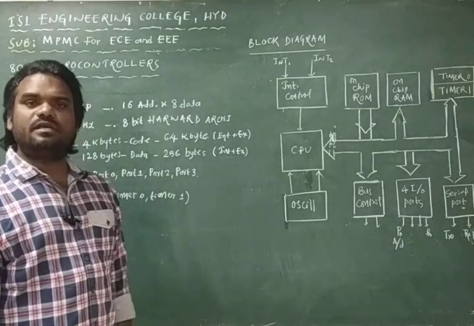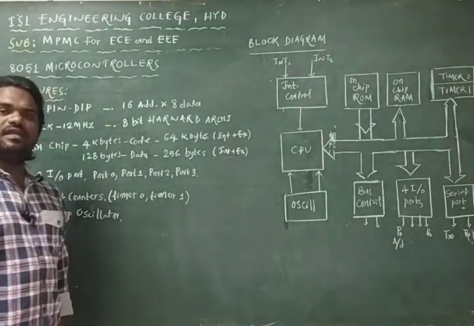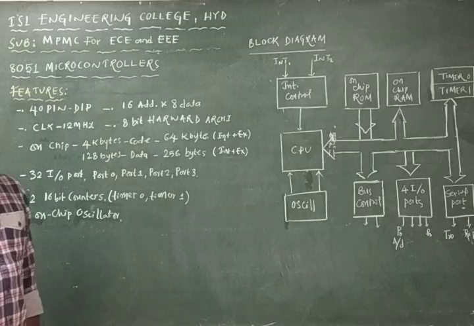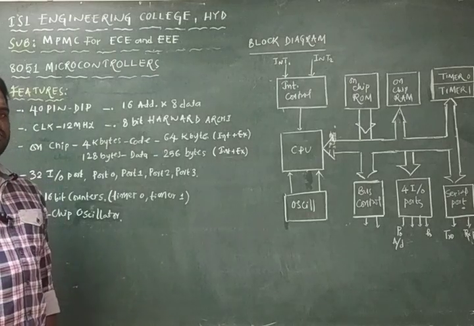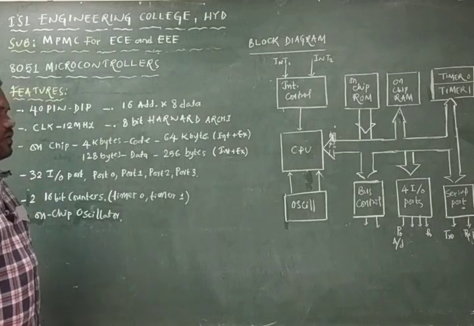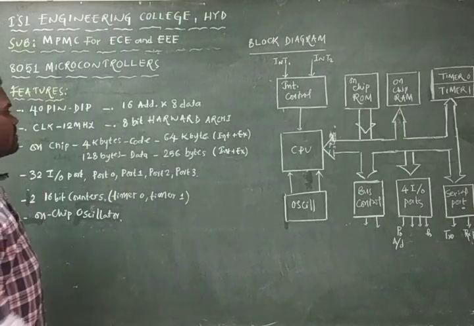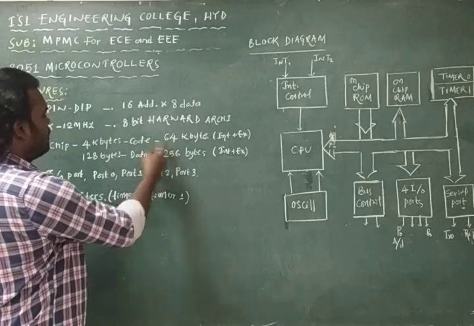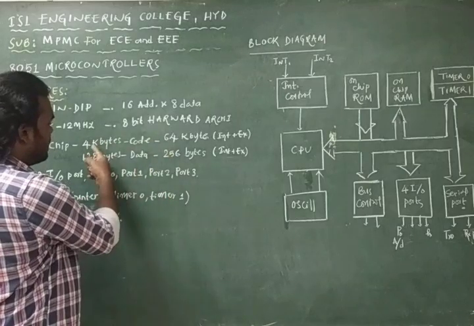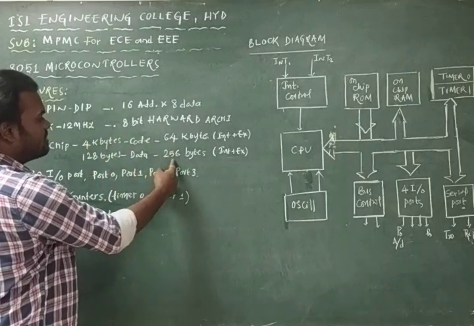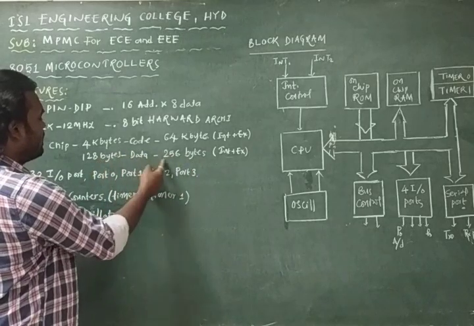On-chip memory is about 4 kilobytes for the code and the 128 bytes of data, but this can be compatible for the external memory also, that is about 64 kilobytes, in which we have the 4 kilobytes of internal memory, and it is 256 bytes of data memory, in which the 128.